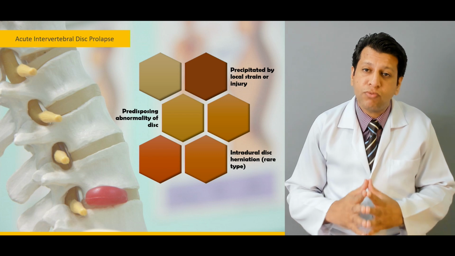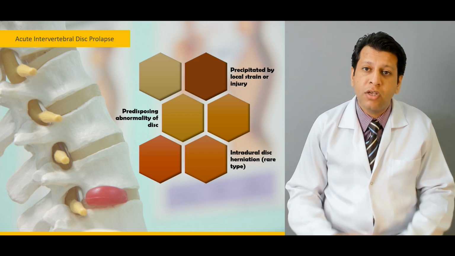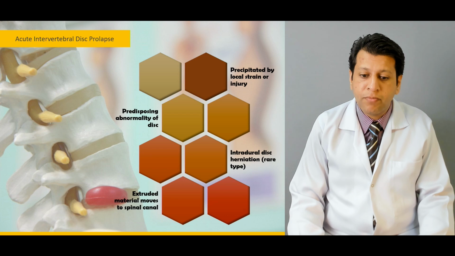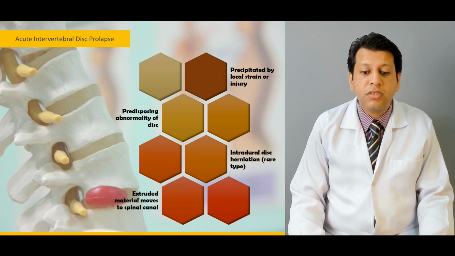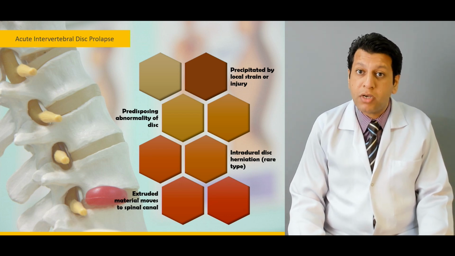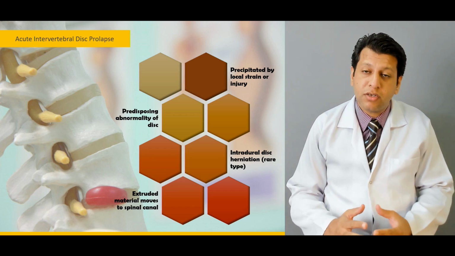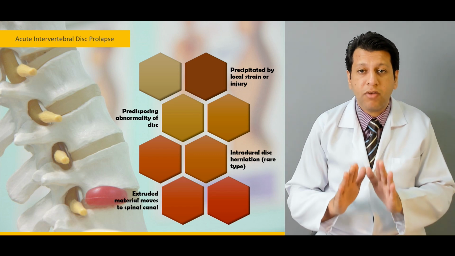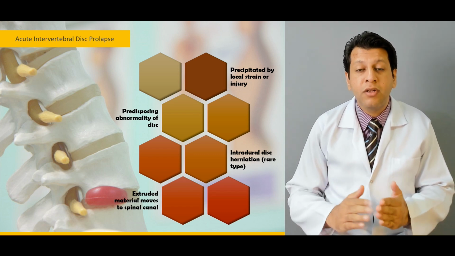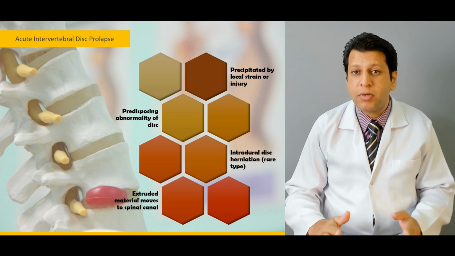We need to make sure that this is not the problem occurring. We also need to know that there may be extruded material in the spinal canal. Usually it disappears over time, and we need to give the patient assurance that if it's not causing neurological compromise, it's going to go away.